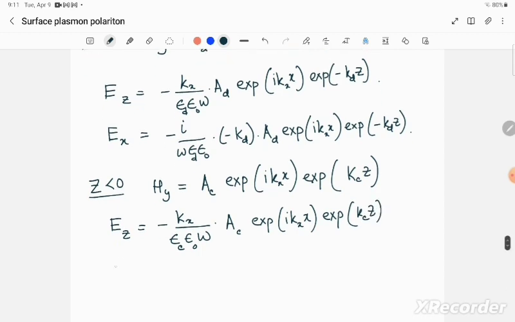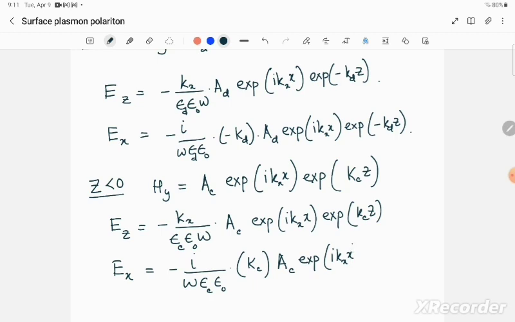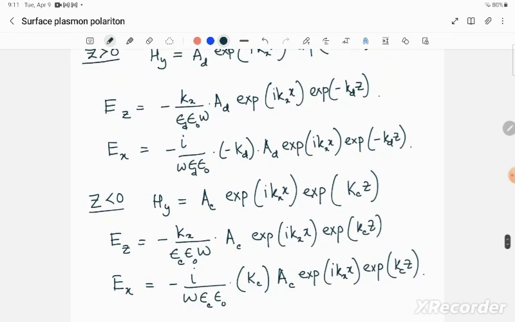And we also have then the expression for Ex, which is again minus i omega epsilon c epsilon naught, kc, Ac exponential i kx x, exponential kc z. Okay, so these are the six relations we get. We get the fields for z less than 0 and z greater than 0.